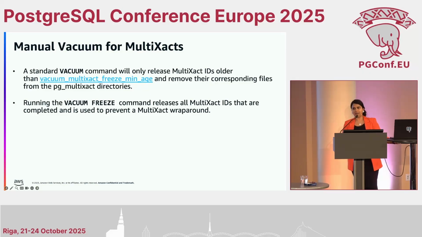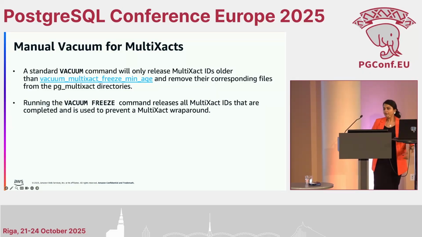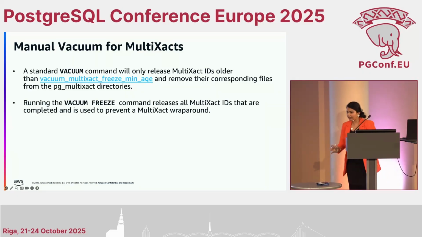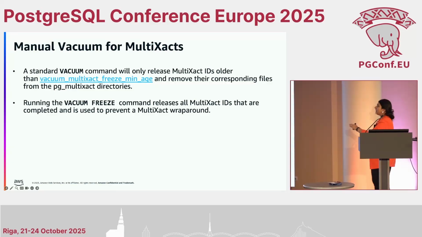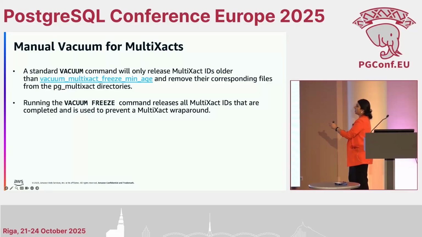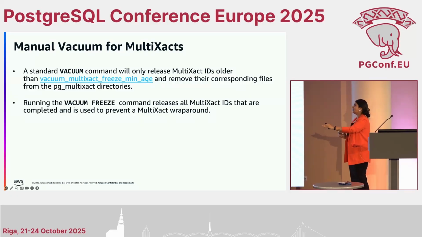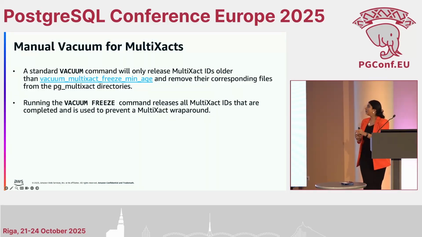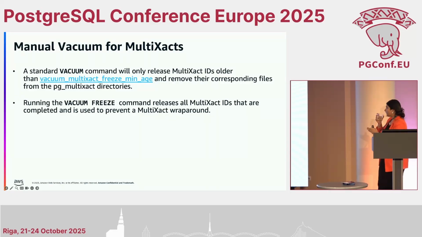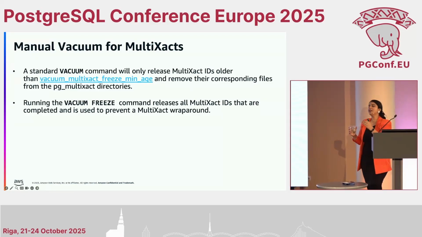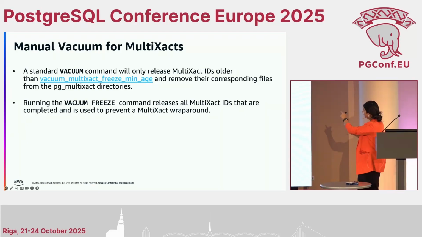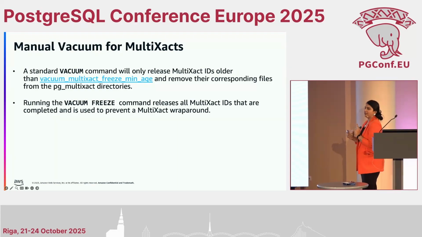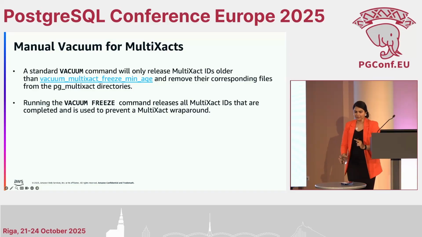This is the same for standard vacuum with normal XIDs, but the threshold is different. The difference with vacuum freeze is that it will do that operation for all completed XIDs and not just the ones older than that age.